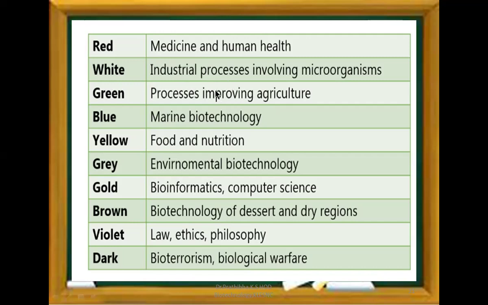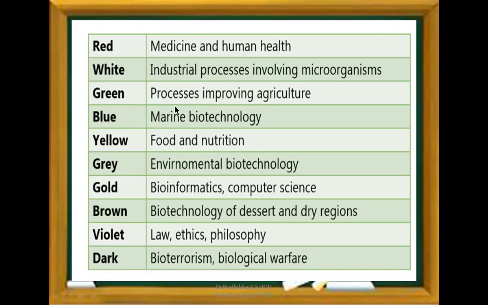The next one is green biotechnology. This green biotechnology, which is agricultural biotechnology, focuses on agriculture and food production processes, improving agriculture. That is nothing but agriculture and food production.